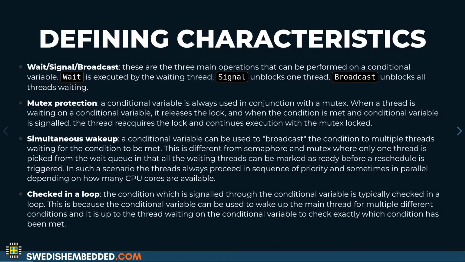The conditional variable pattern consists of three main operations. We have the wait, the signal, and the broadcast. Any threads that are waiting for a conditional event are going to call the wait function. They're going to first lock a mutex, which is responsible for mutual exclusion for a data structure that is shared between multiple threads.